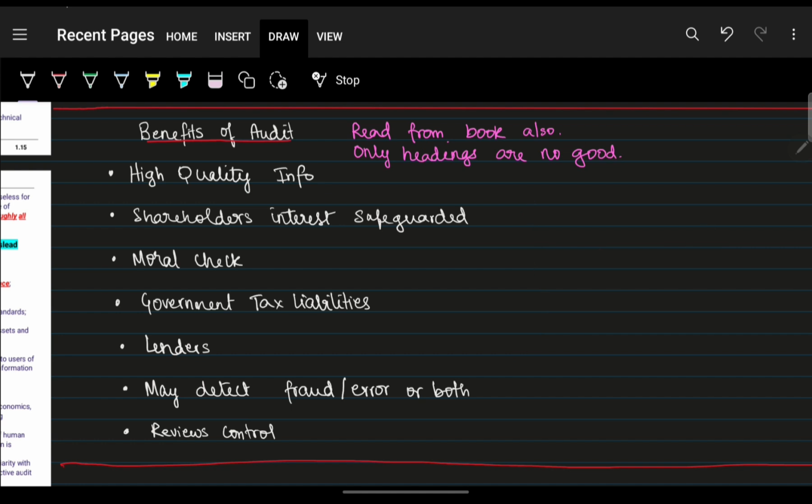So here, what are the benefits of an audit? Benefits of audit is, firstly, it gives high quality information, right? Okay, so how I was taught this is basically, this is very important, right?